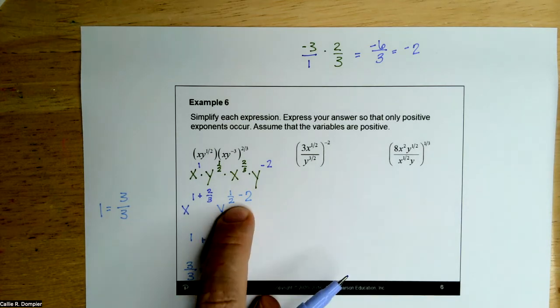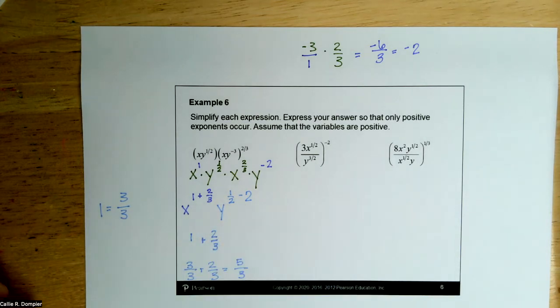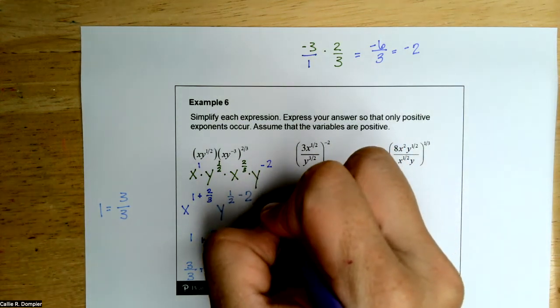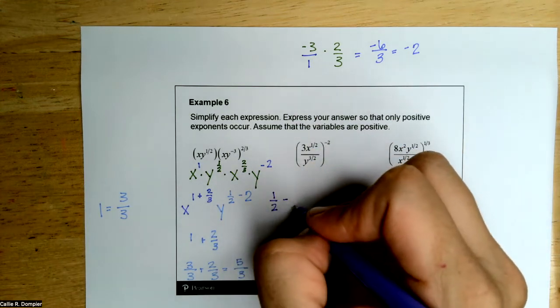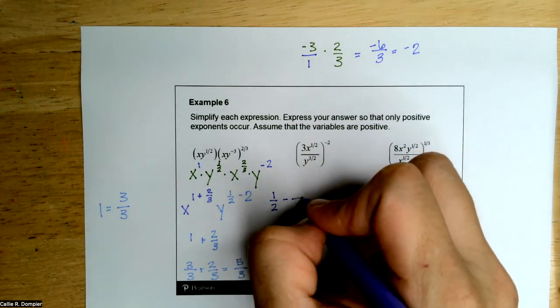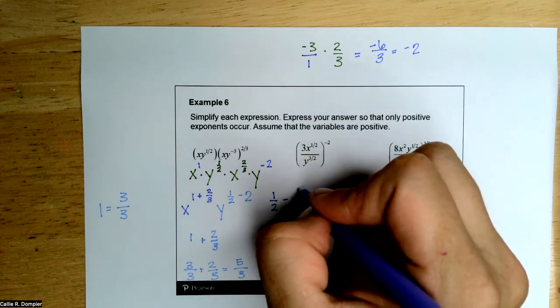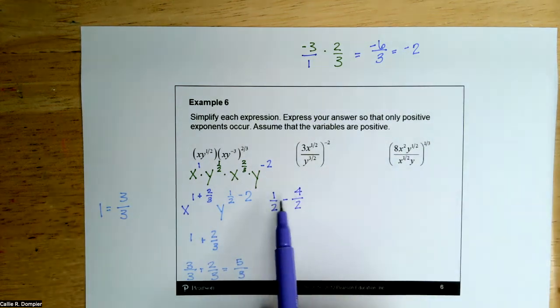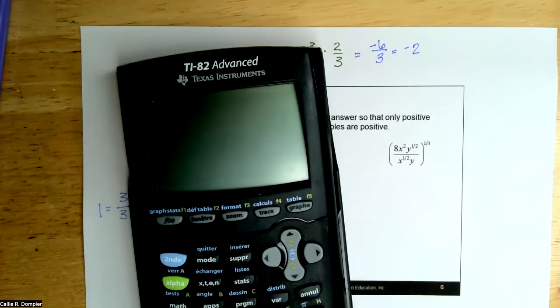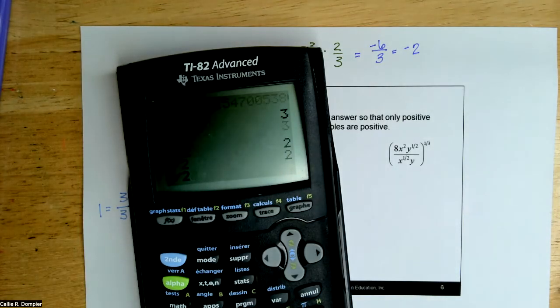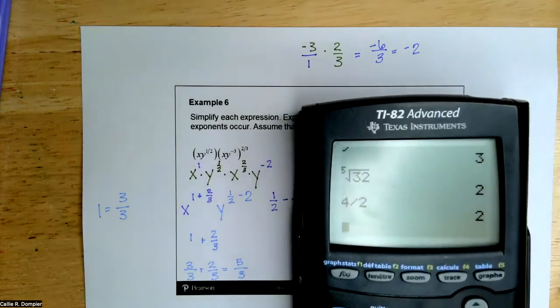You can do that same trick to the number 2. Good, so we have 1/2 minus, and I want these to be in halves. Instead of 2, it's going to be 4/2, right? Because 4 divided by 2 is 2. Oh, sorry.